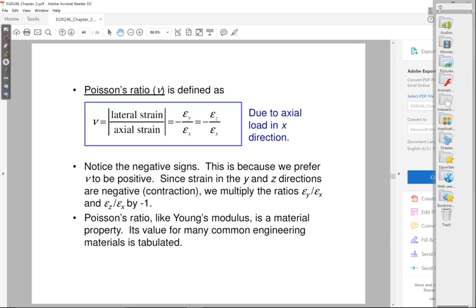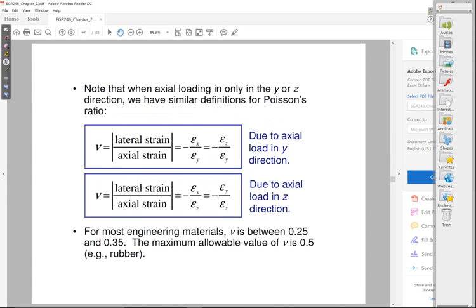Okay? But we'll get to that in a moment. All right. So what are typical quantities for this property? For most of the metals that we're going to be looking at, something between 0.25 and 0.35 is typical, okay, as you see down here.